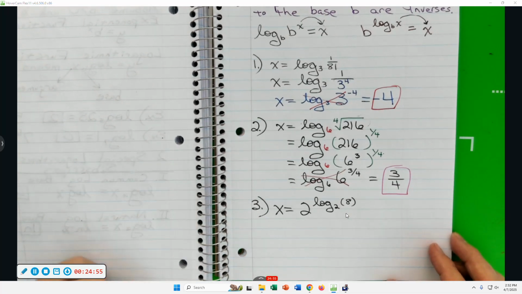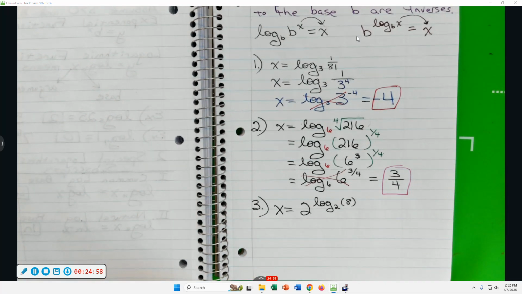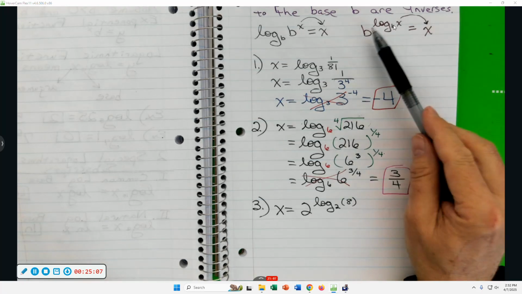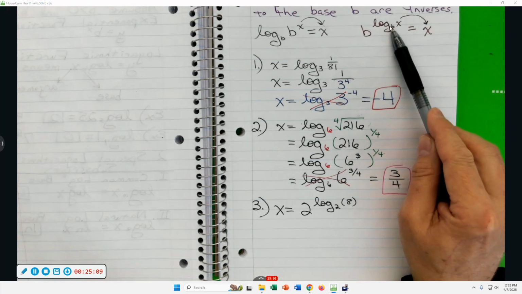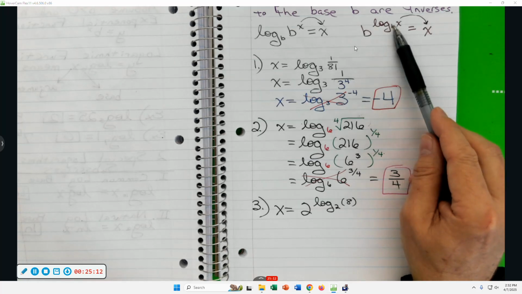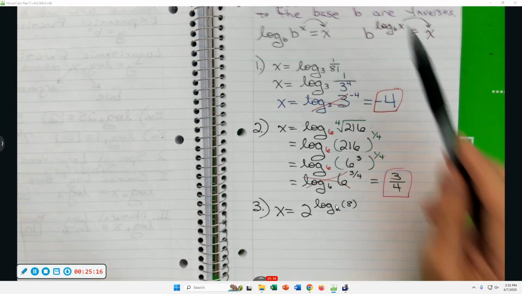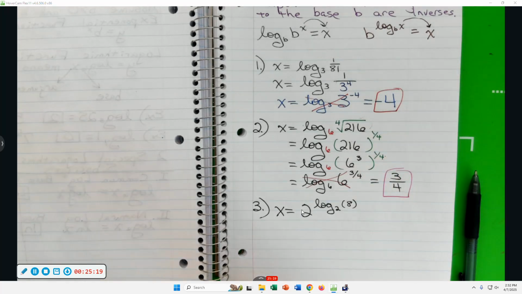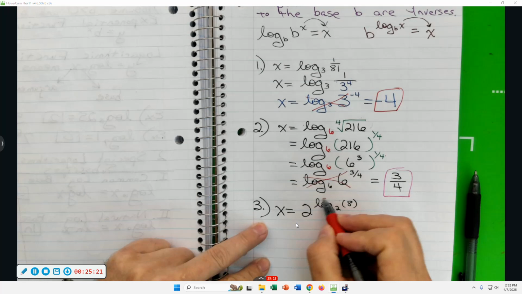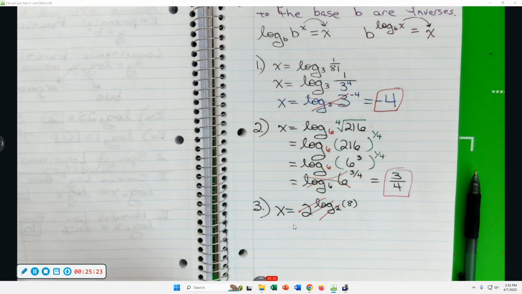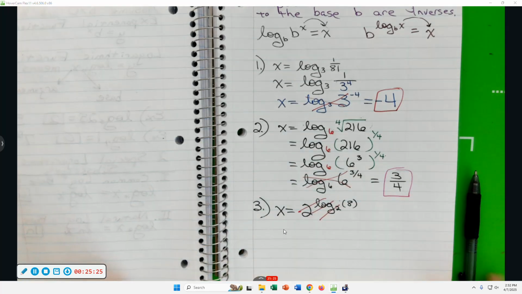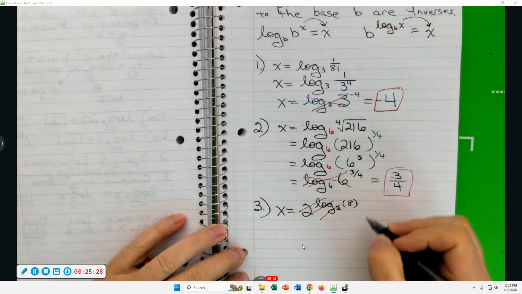Look at what I have at the top of the page. Is there something there that'll help us answer this question? I know the answer just looking at it. We said if the base of the exponent and the base of the logarithm are the same and they're performed consecutively, one after the other, what happens? They cancel each other out. And what are we left with in this case? Just that number 8.